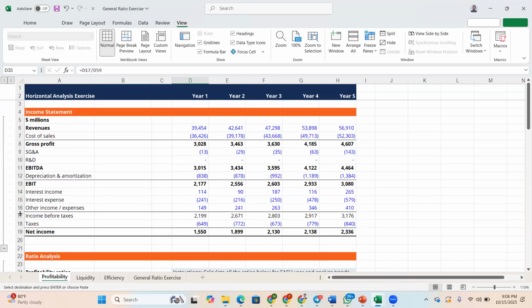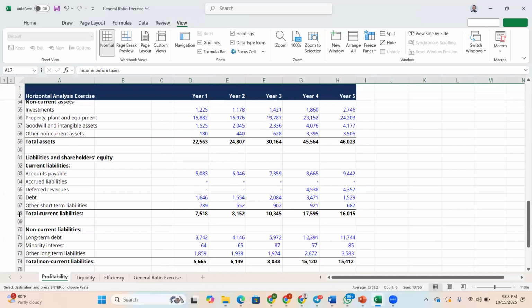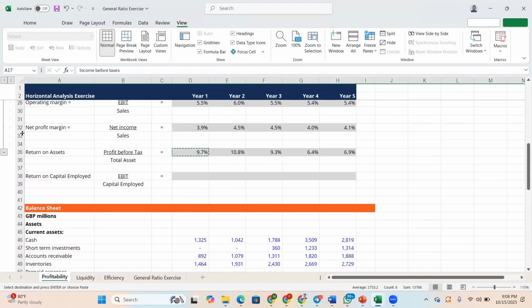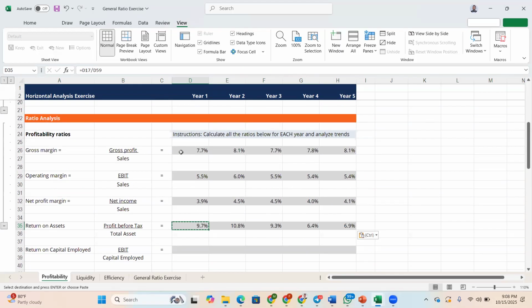Okay, this is on 17. Total asset is on row 59. Good. So this is correct. So please, you need to be sure that there is no error. It's very, very important to check.